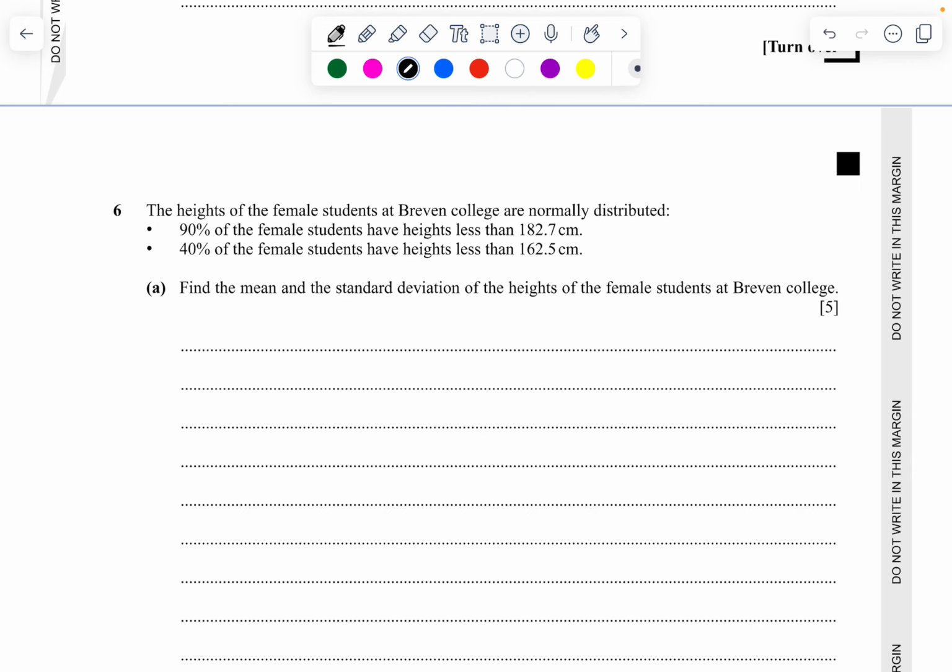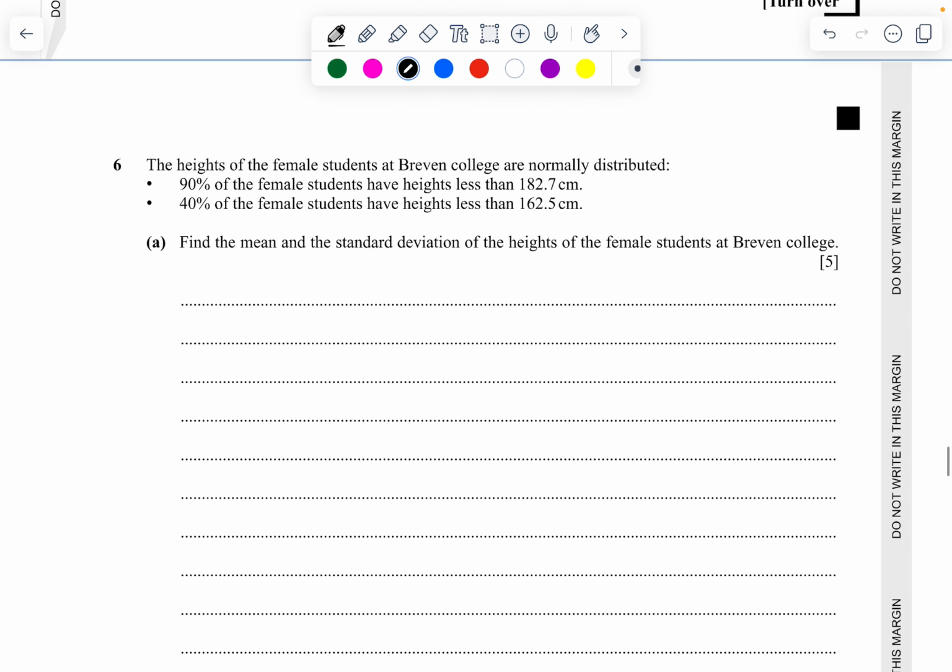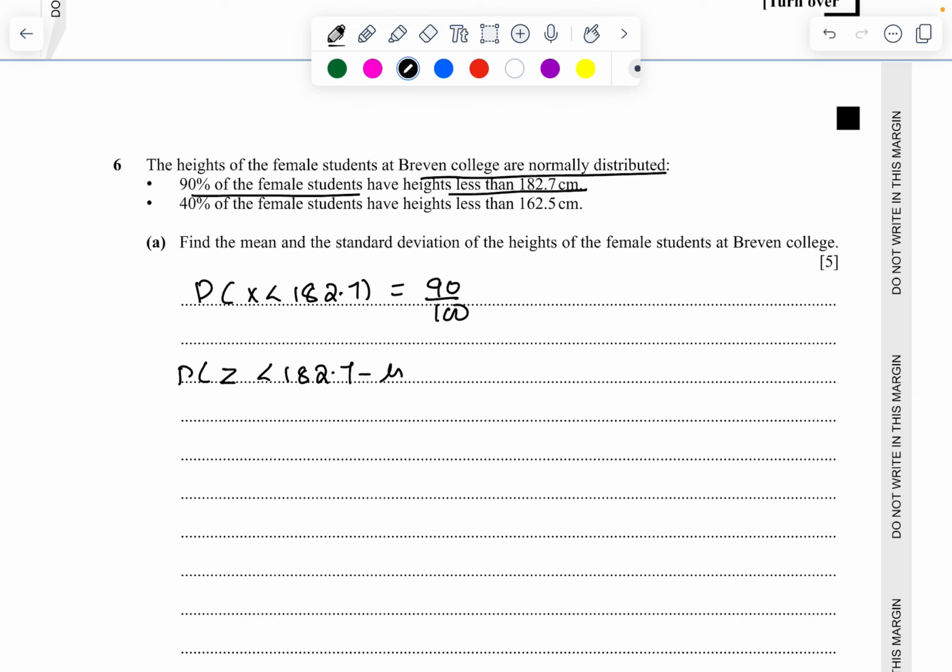In question number 6, the heights of female students at Berwyn College are normally distributed. 90% of the female students have height less than 182.7. So probability of x less than 182.7 equals 90 upon 100. Probability of z less than (182.7 minus mu) by sigma equals 0.9.